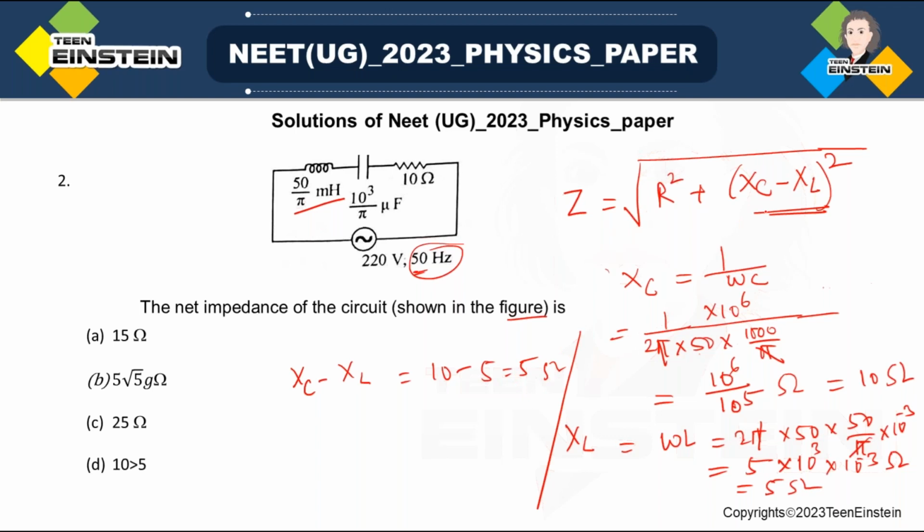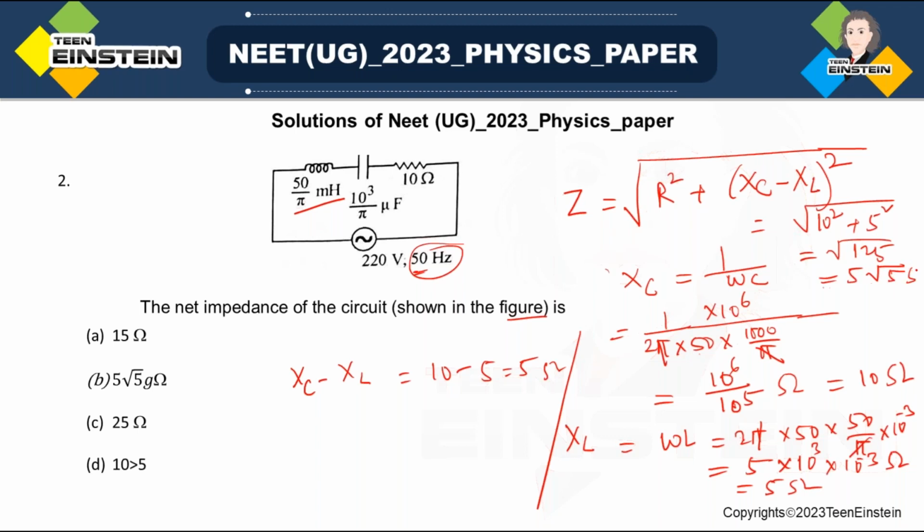Now if we just put it here, this factor we have already obtained. This is 10 squared, and this is 5 squared. That means the square root of 125, which will give you 5 root 5, because I can make 125 as 25 into 5. 25 can come out as 5, and root 5 will be there.